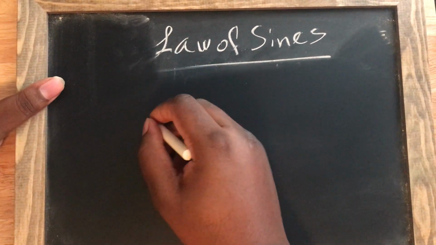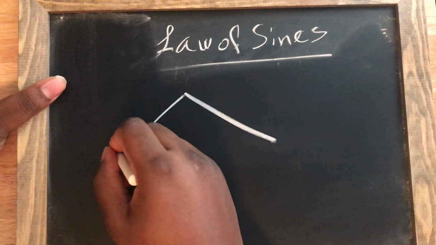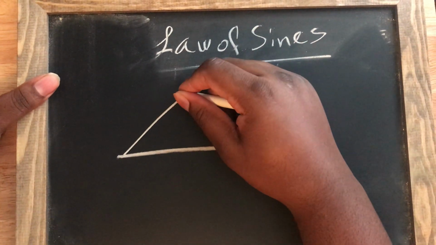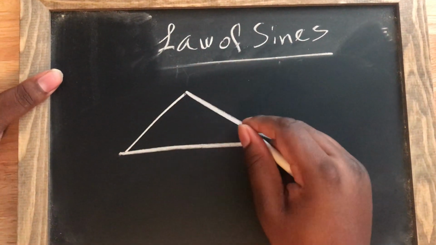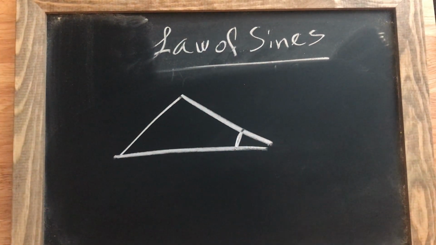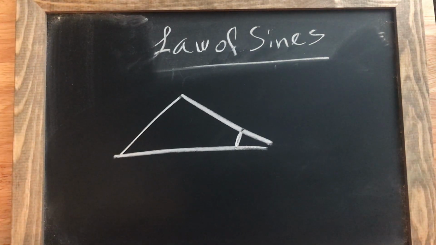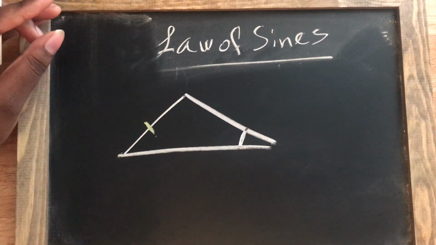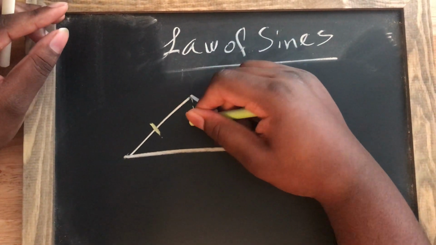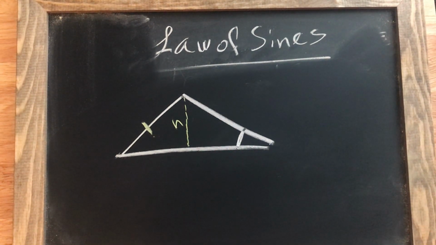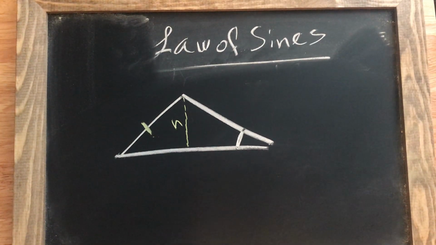If you've got a triangle, notice if I'm looking at this acute angle right here, notice that this side right here has to be longer than the height. Has to be. Okay? So the idea here is this.